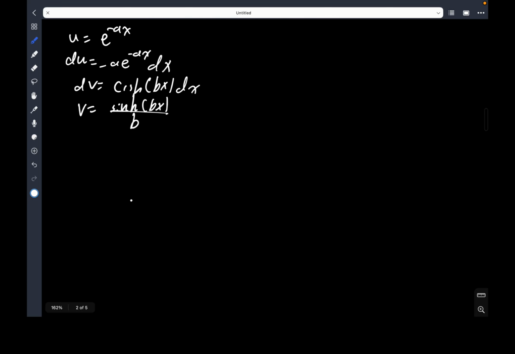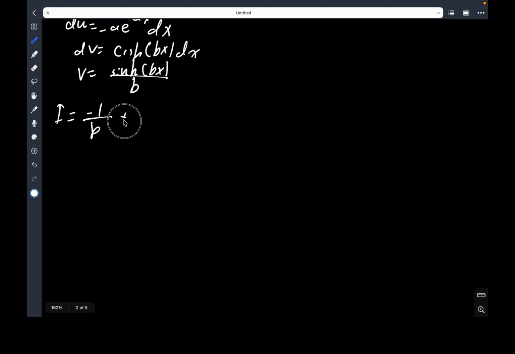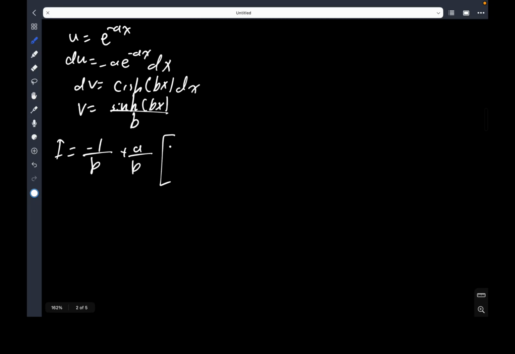If I write it again, my I is going to be negative 1 over b plus a over b times a limit, e to the negative ax sinh of bx over b, from 0 to infinity.